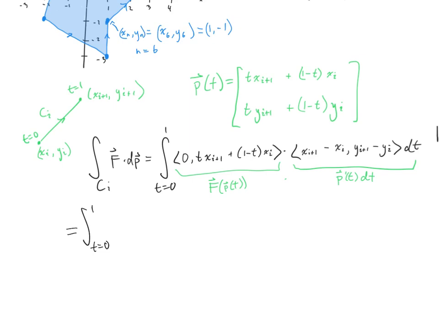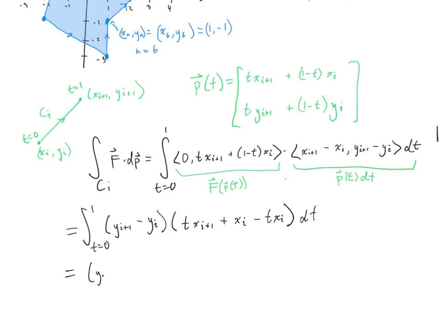The yi plus 1 minus yi is a constant with respect to t. And then you also have t xi plus 1 plus xi, that's a constant, minus t xi. Those are being multiplied together, dt. And now this is a straightforward integral to take.